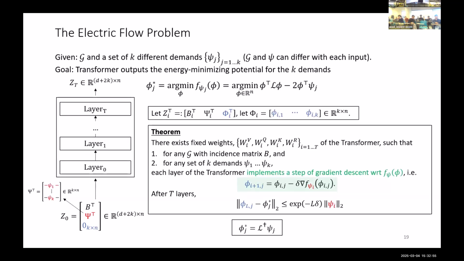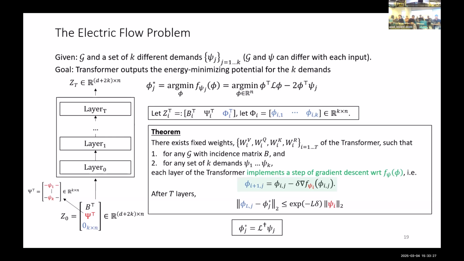So the theorem is as follows. There exists a construction, so specifically a choice of weights for the values, query, key, and the linear layer at each layer, such that for any graph G with incidence matrix P, for any set of k demands, every layer of the transformer implements one step of gradient descent with respect to the electric flow objective.